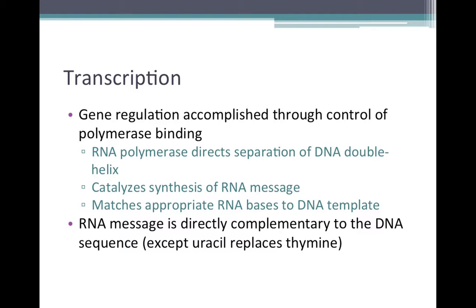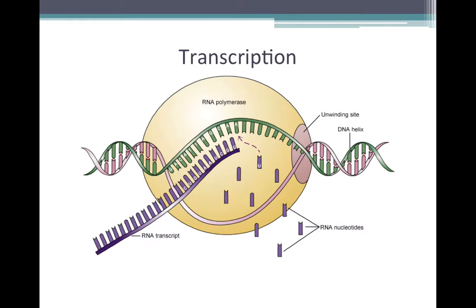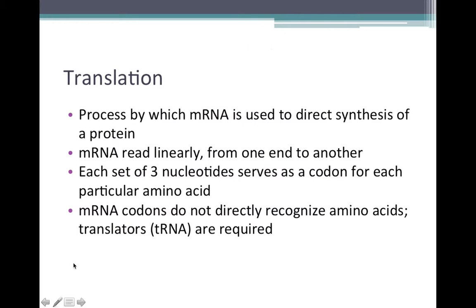It's going to encode for the same series of amino acids. So what this looks like then is that our DNA double helix can unzip, our RNA polymerase can come in here and start to copy our DNA sequence into messenger RNA, which is a more transportable and smaller form of the gene.